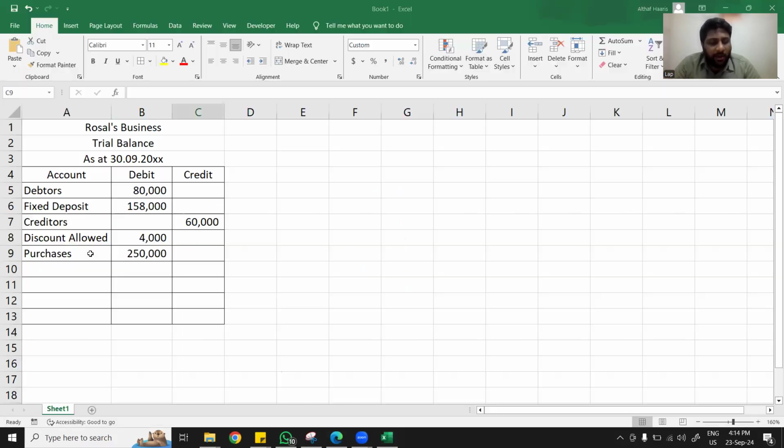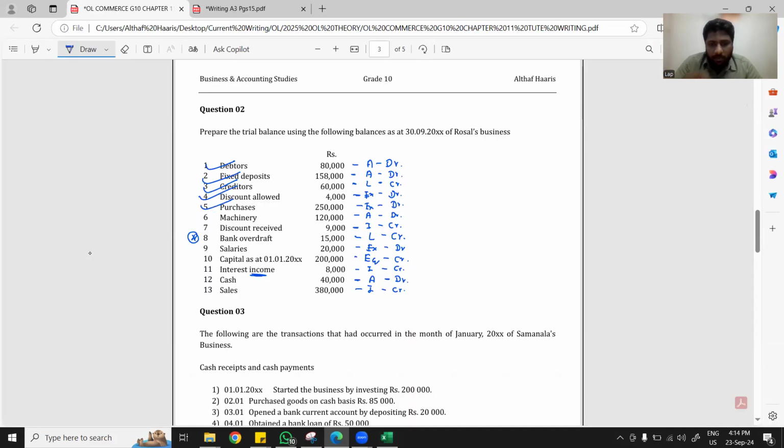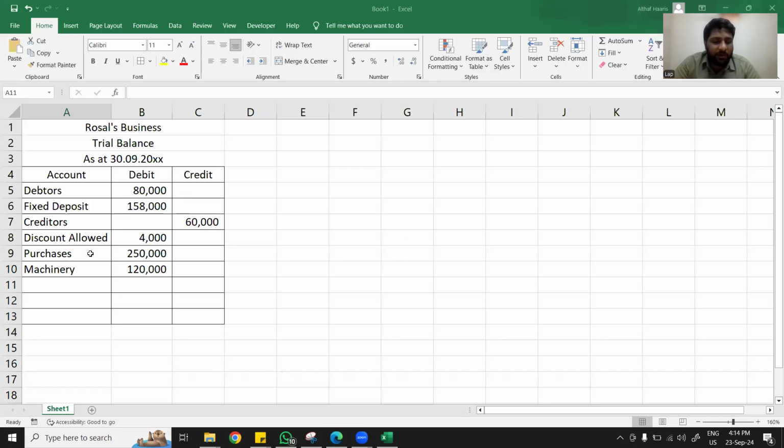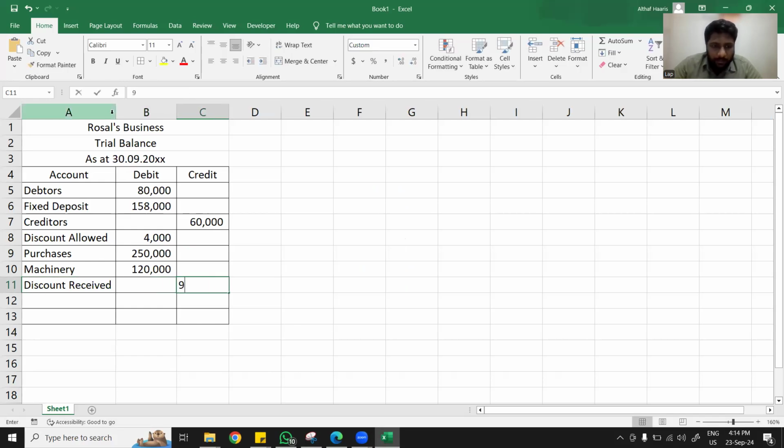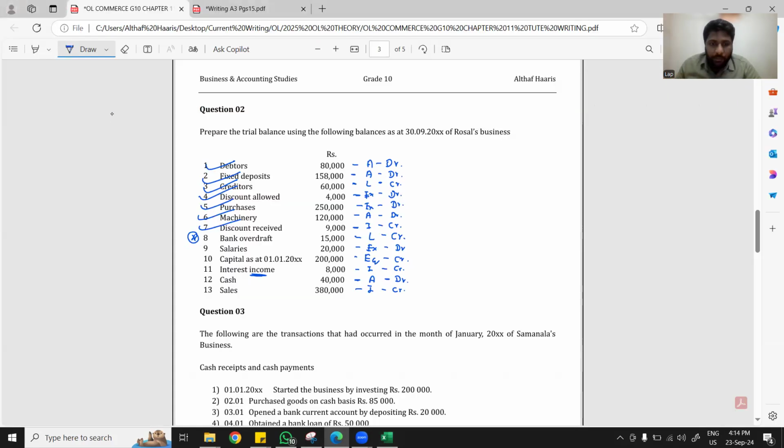Machinery 120,000. Discount received 9,000. Then bank overdraft 15,000.